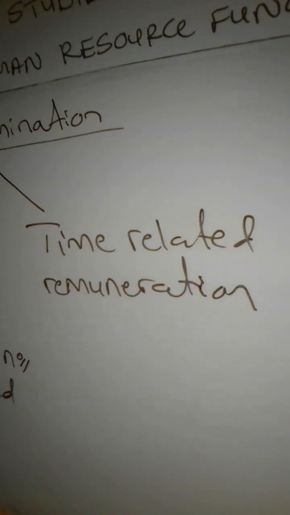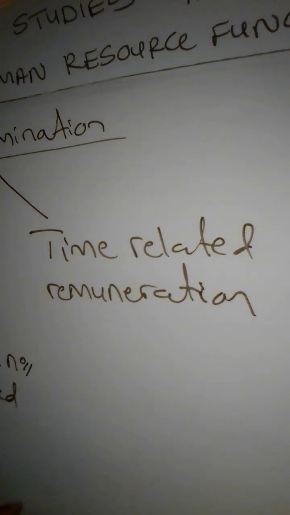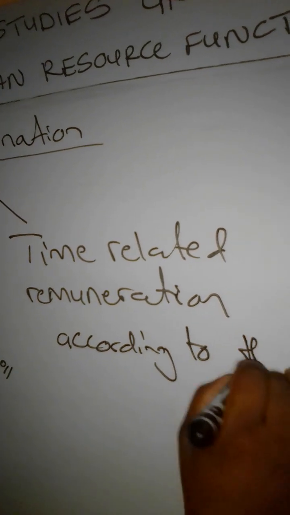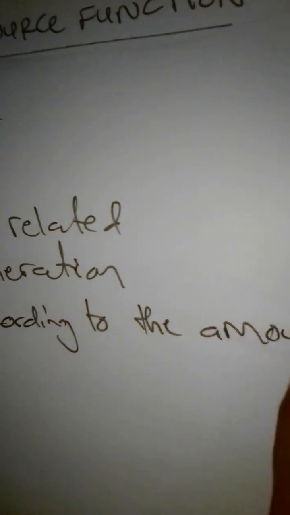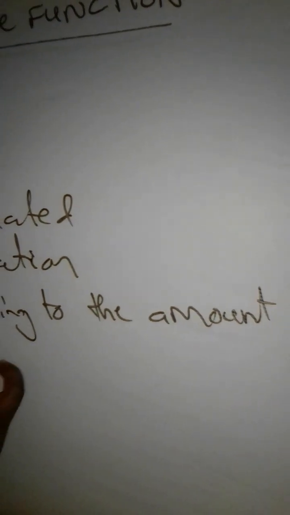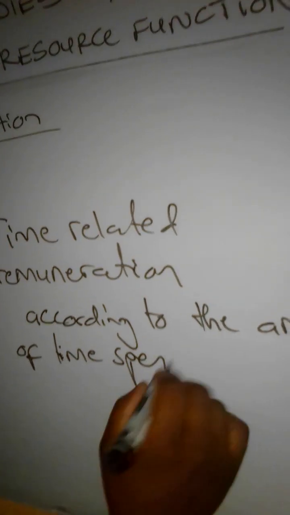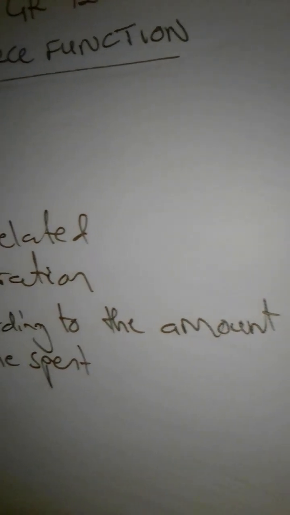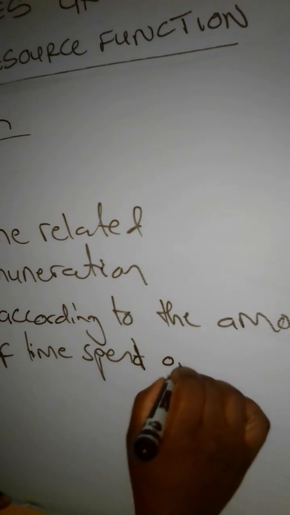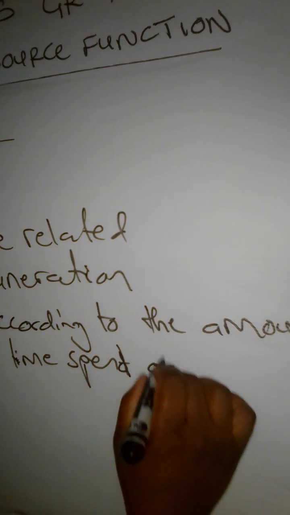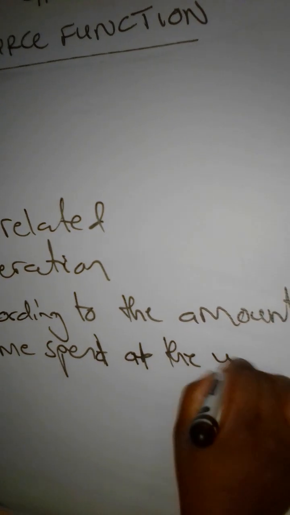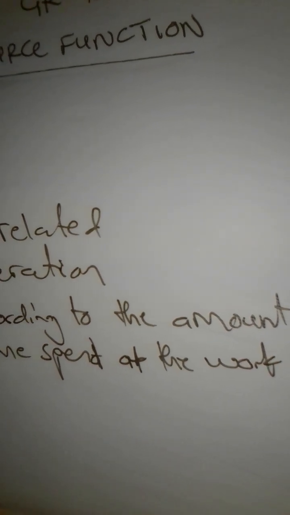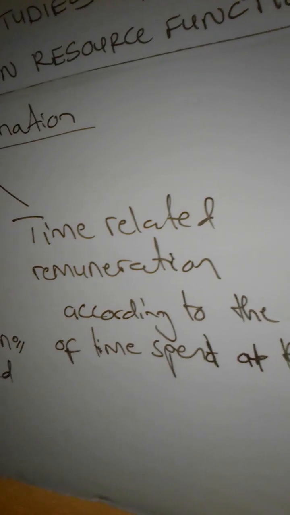So this one is according to the amount of time spent at the work, according to the amount of time you have spent at the work or doing a task.